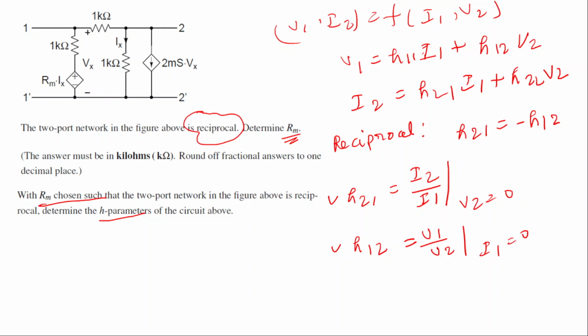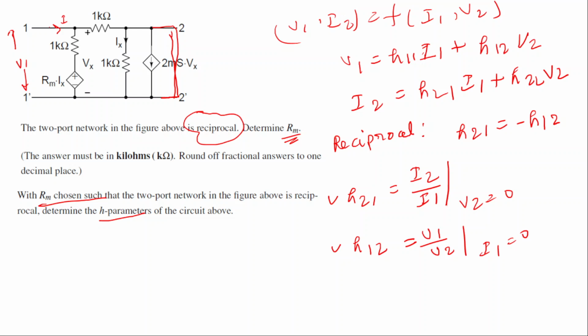Let's apply the first condition, when the output is short, so when V2 is 0. Let's assume this is I1 and we have applied V1. Now we need to find this I2 current.